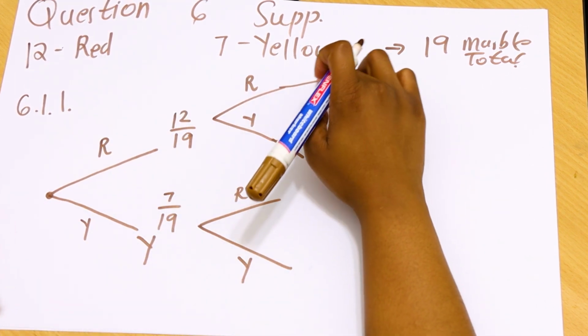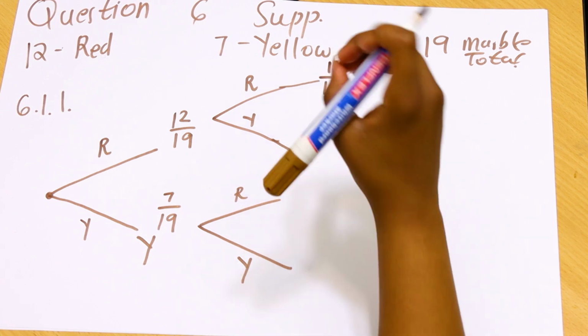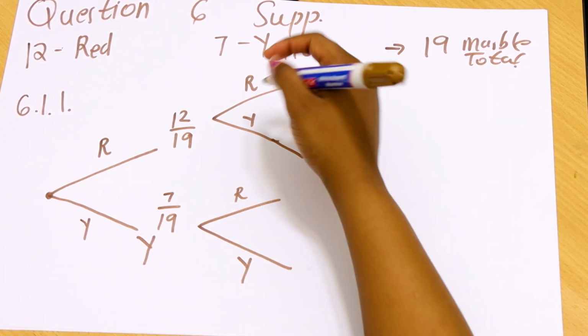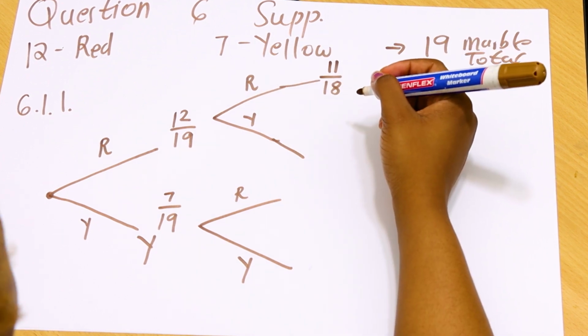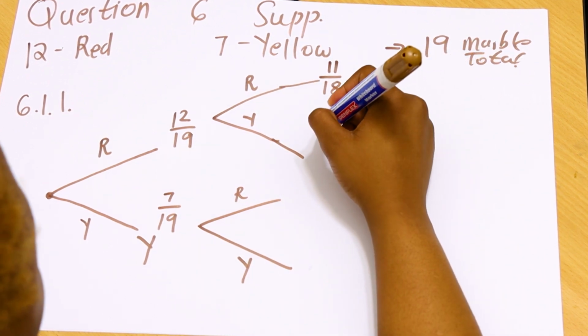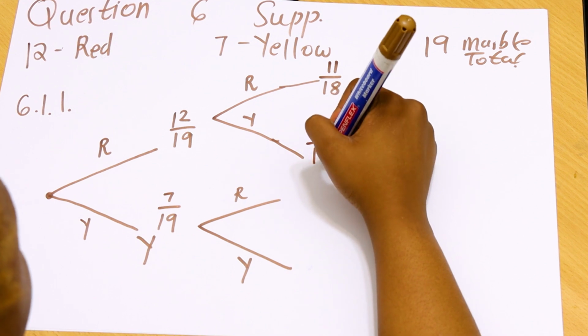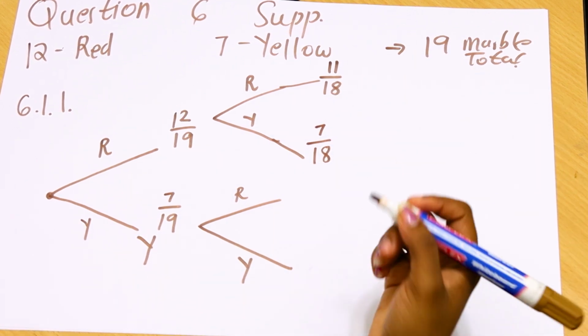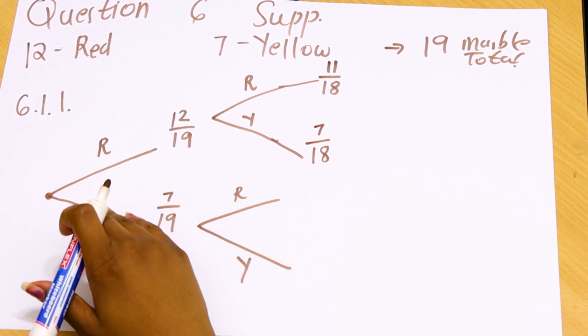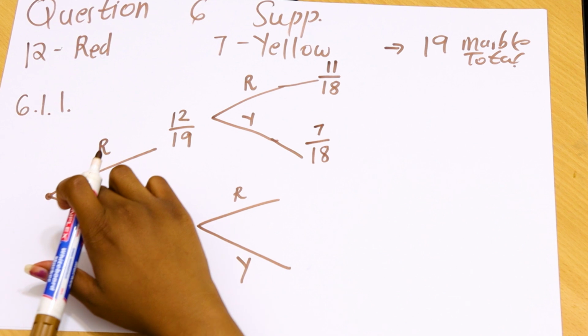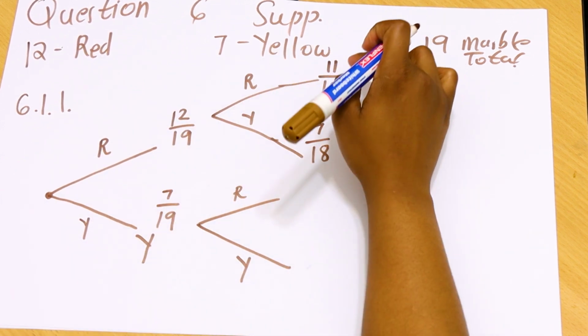And now your total number of marbles is 18 since you took 1 marble out. But when it comes to yellow, if the first one you took was red, then you still have the same number of yellow marbles. So you still have 7, but now divided by 18 because your number of marbles has changed to 18.